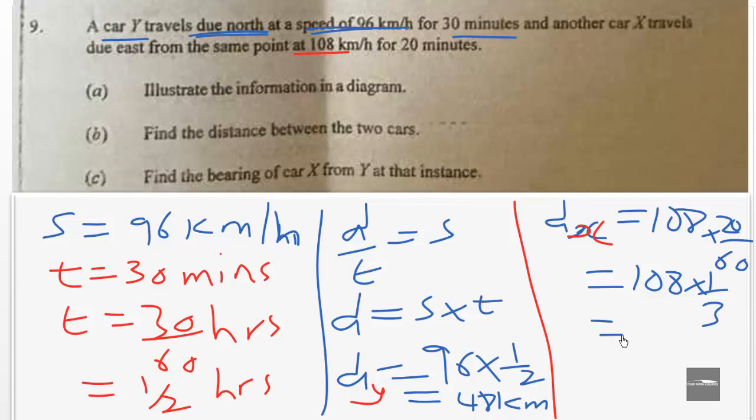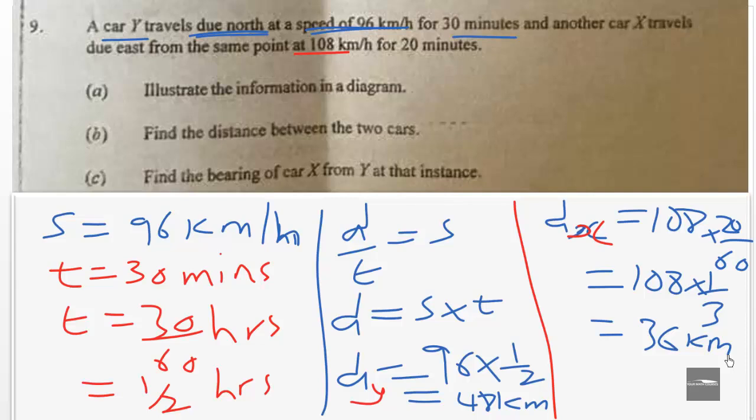That will give us 36 kilometers, because 3 will go into 108 36 times.